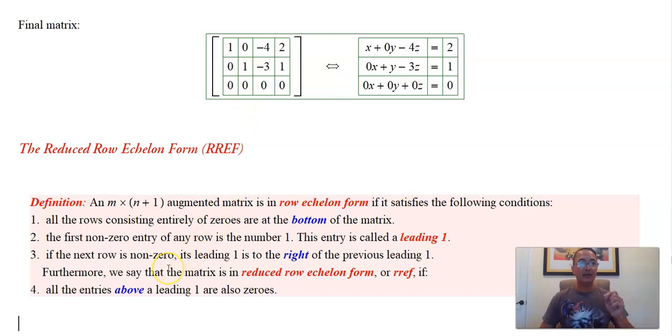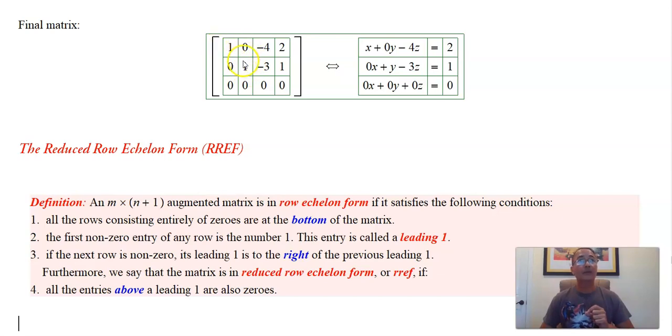Now, if the next row is non-zero, its leading one has to be to the right of the previous leading one. So the leading one on the 2nd row is to the right of the leading one in the 1st row. Furthermore, we say that the matrix is in REF if all the entries above a leading one are also zeros. So this leading one has 0 above it.